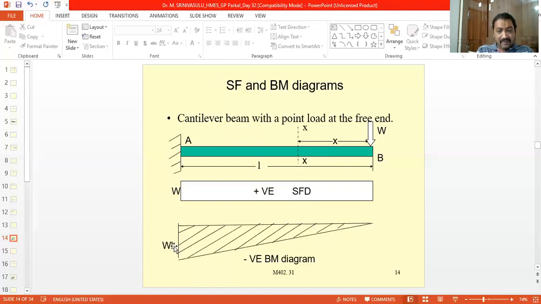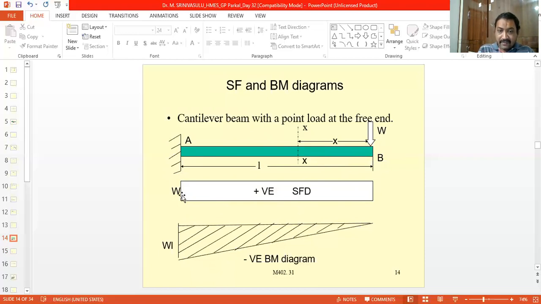Now coming to the bending moment. This is the loading diagram. Then we have to draw the vertical lines. We have three sides: this is point A, point B, and this is point X. Like this, we have to draw three vertical lines.